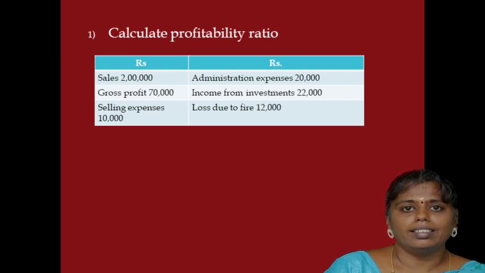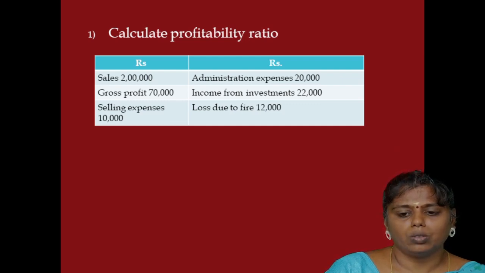Sales rupees 2 lakh, gross profit 70,000, selling expenses 10,000, administration expenses 20,000, income from investment 22,000, loss due to fire 12,000. We are asked to find the gross profit ratio and the net profit ratio.